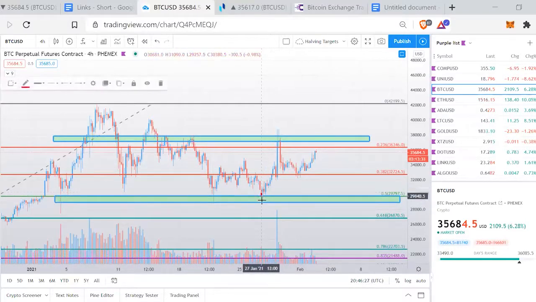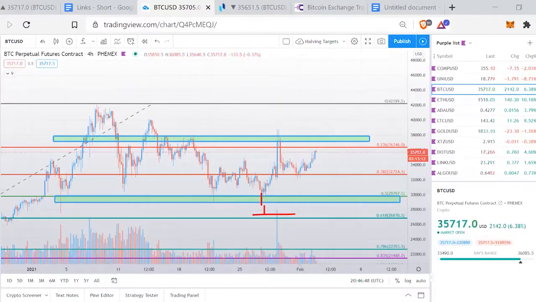But let's say the price comes all the way down, and then the next candle comes all the way down here per se, and it closes there, and then it comes back up. This is still going to be invalidated because we matched our parameters: the first candle closes below and the next candle opens and closes below.